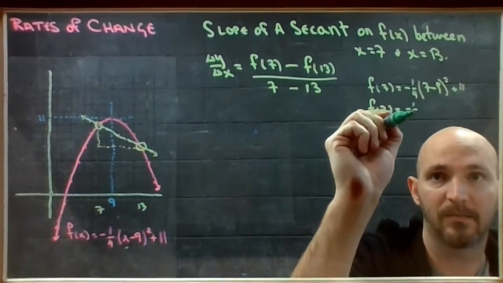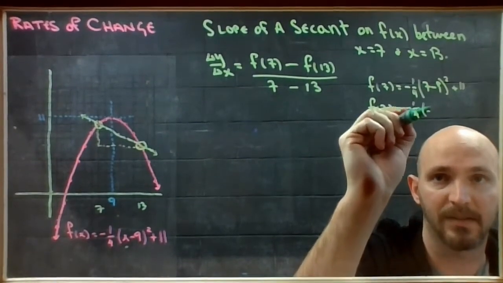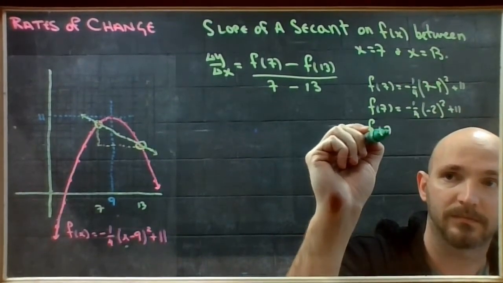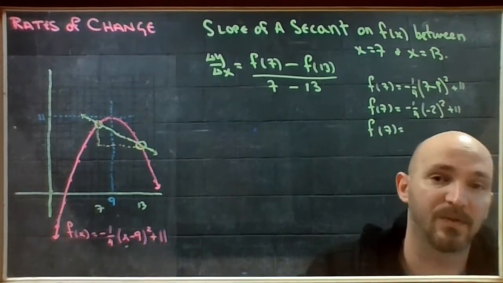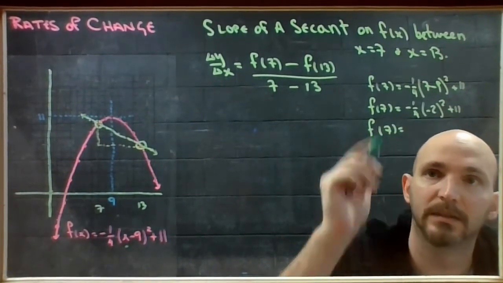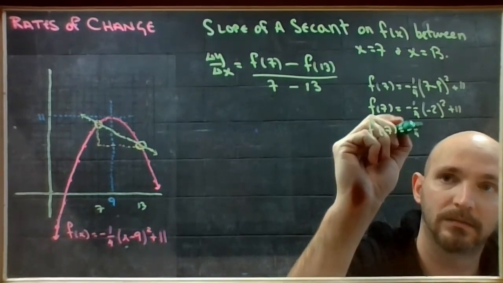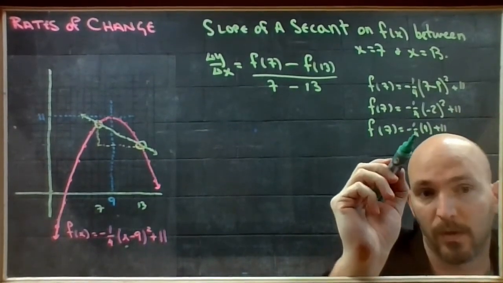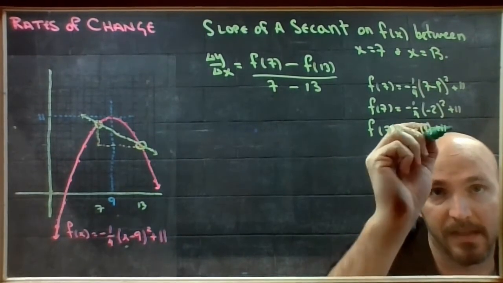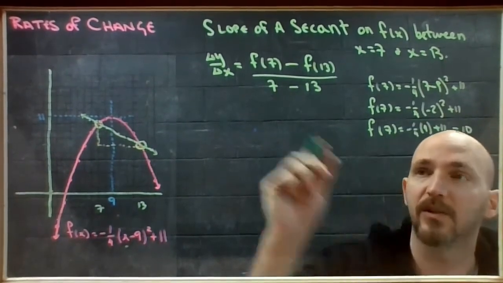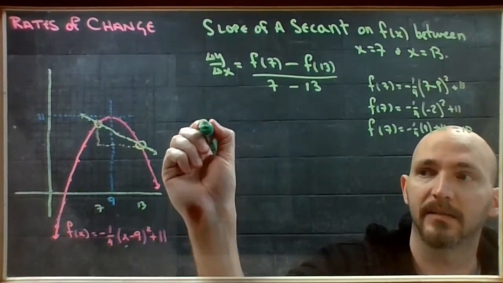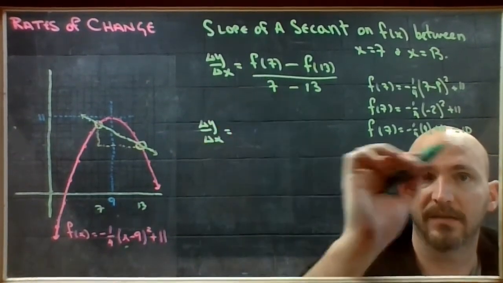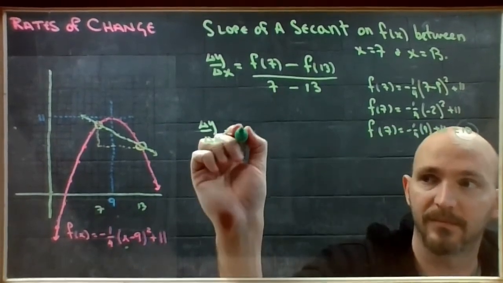So 7 minus 9 is -2. -2 squared is 4. And -1/4 of 4 would be -1. -1 plus 11 would be 10. So when I work this out, f at 7 is 10.